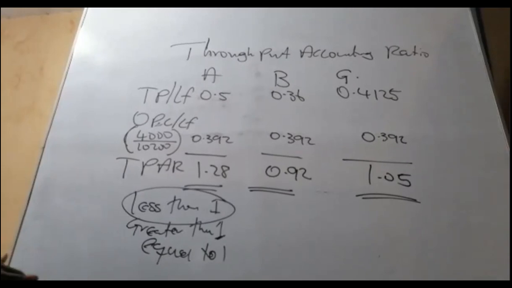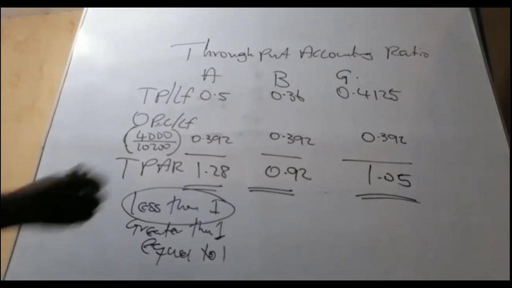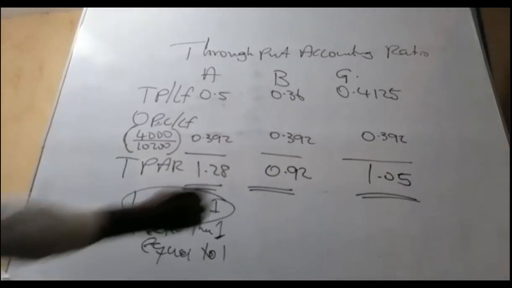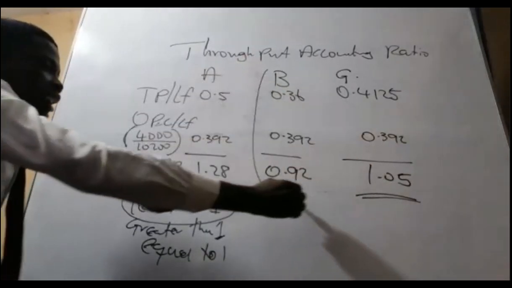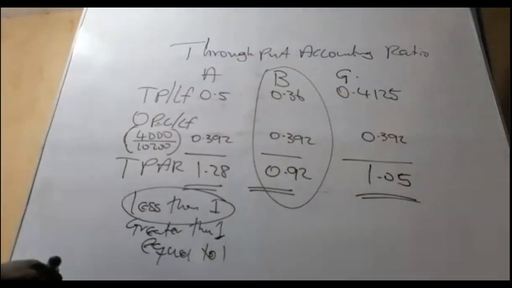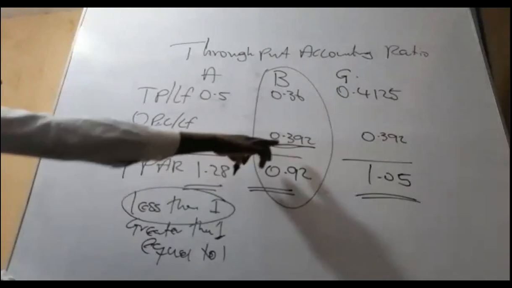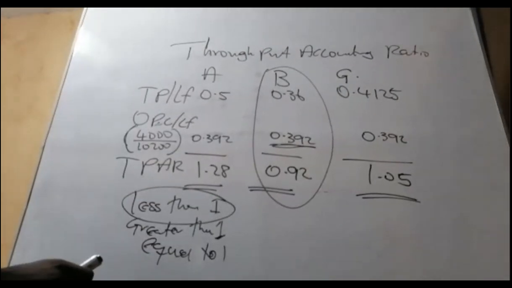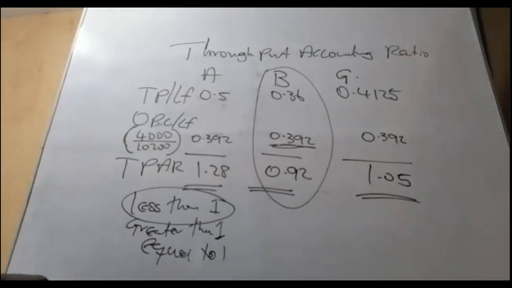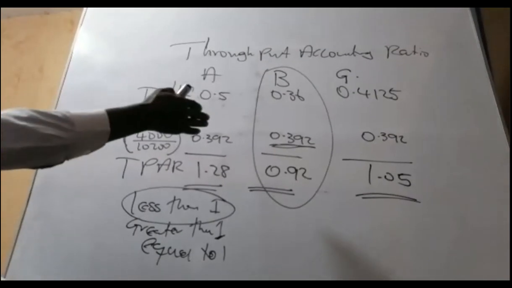So which product is less than 1? This one, beta. Beta is performing badly. Why? Because our operating cost is 39 pesos, but we are getting 36 as return. So it's showing that the product is not doing well.